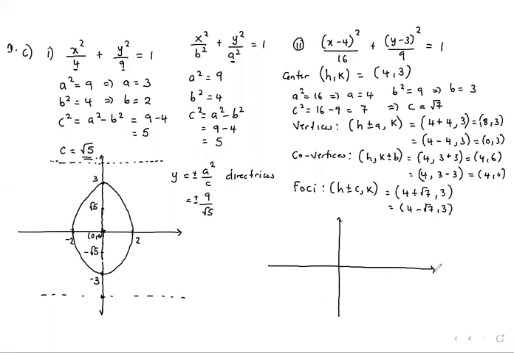Okay, then how does it go? So let's put the points. This is 8,3 as the vertex, somewhere here, and then 0,3 here, and then the center 4,3 here.